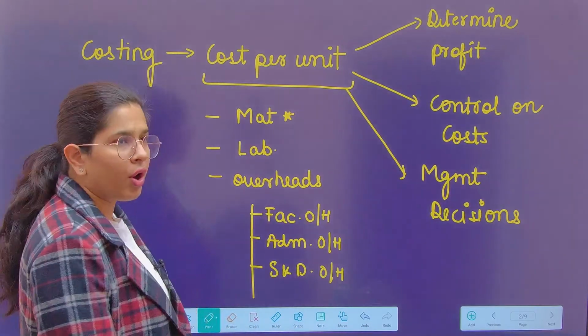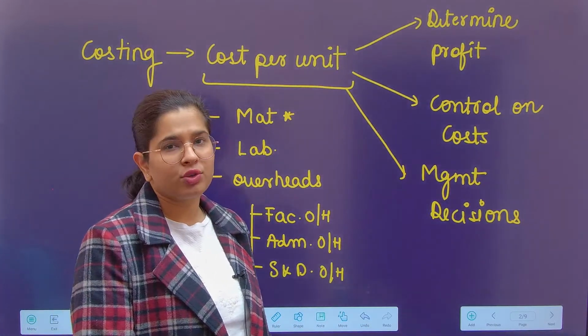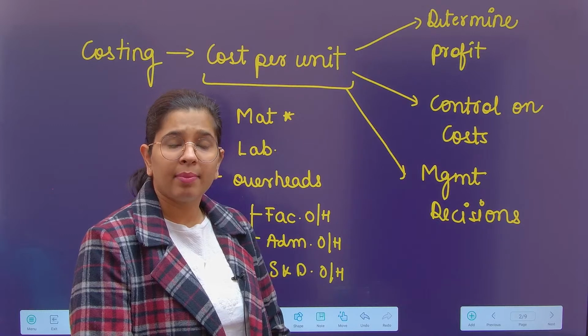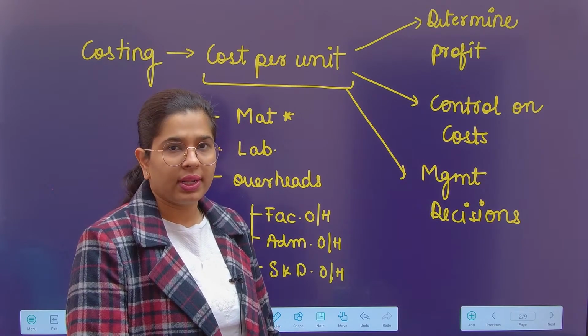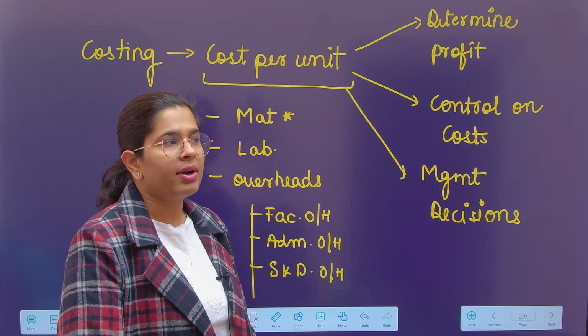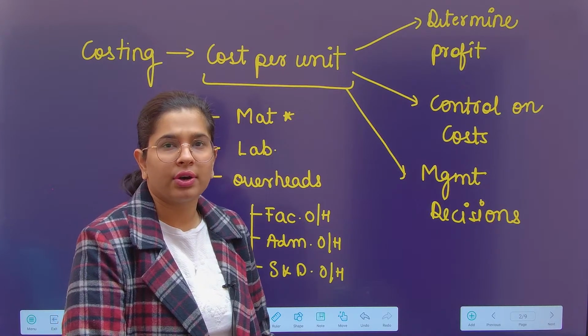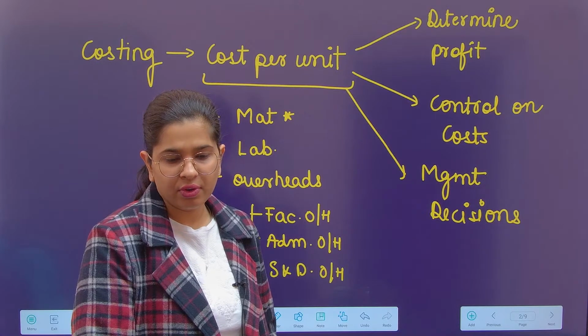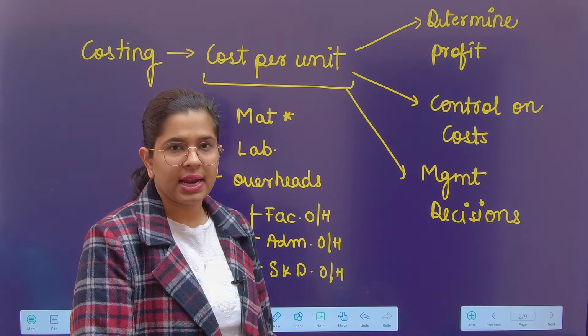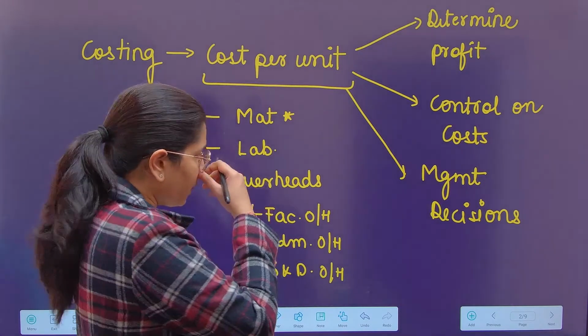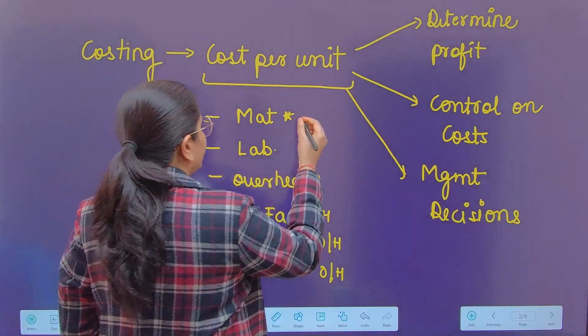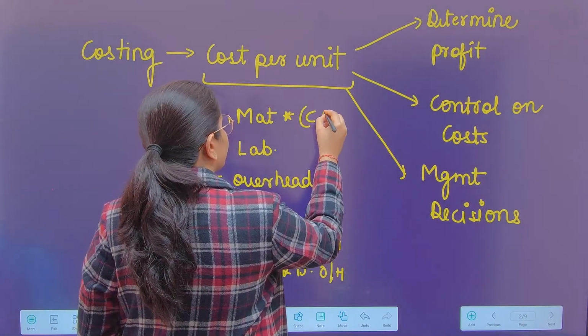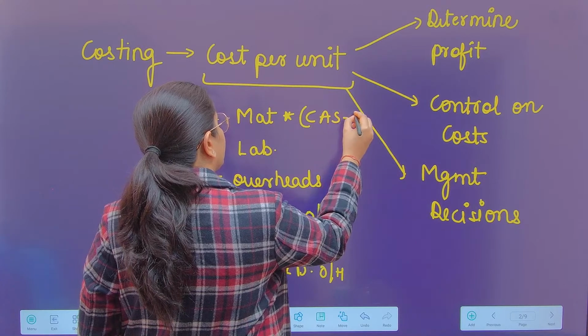The Institute of Cost Accountants of India has come out with the cost accounting standards. Just like you have accounting standards for your financial accounting, in a similar fashion, you also have cost accounting standards as well. So we are going to study CAS 6 for material.